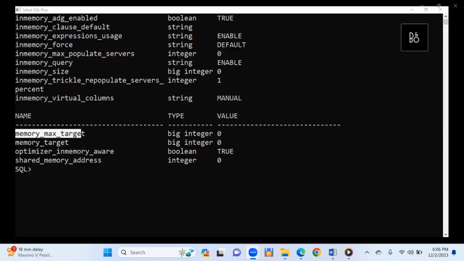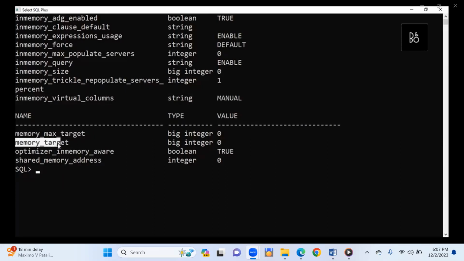This is the reason why we have max. This is the maximum memory target, so there's no way that you can set the allocated space for memory target beyond or greater than the memory max target. By default, the system knows what your max target is.